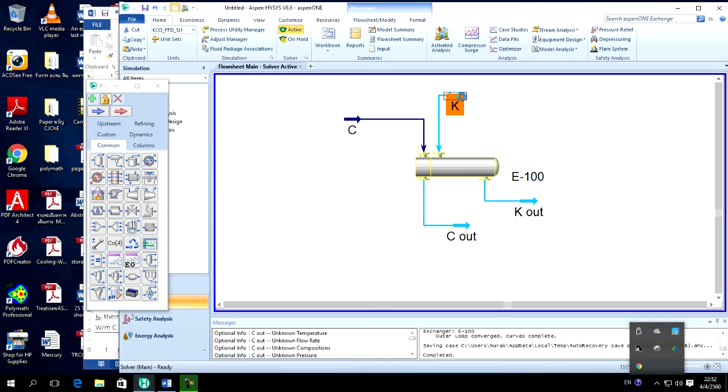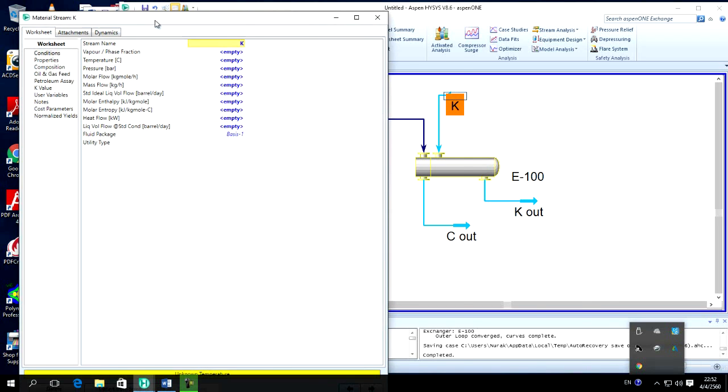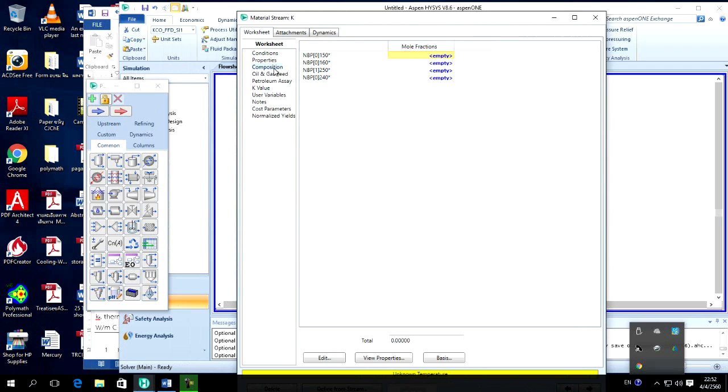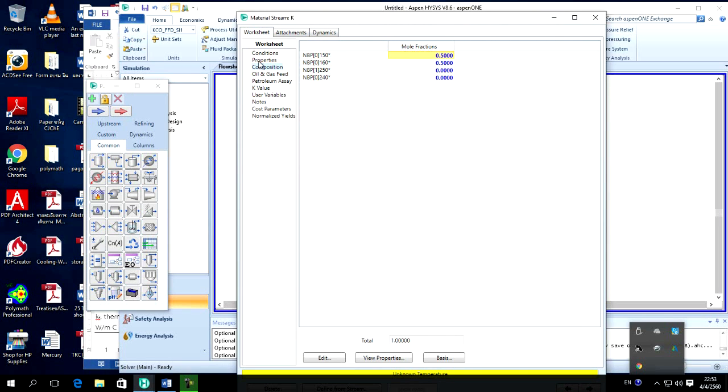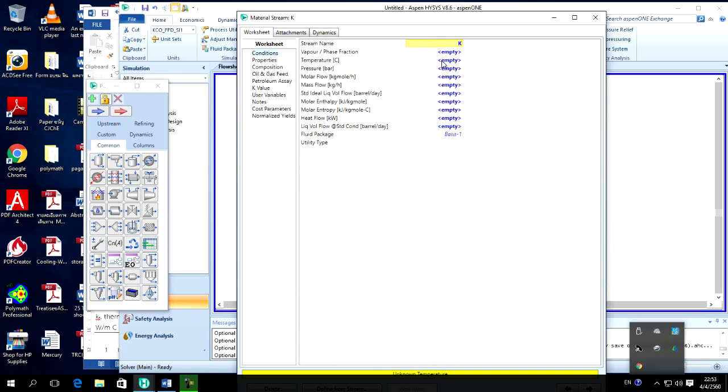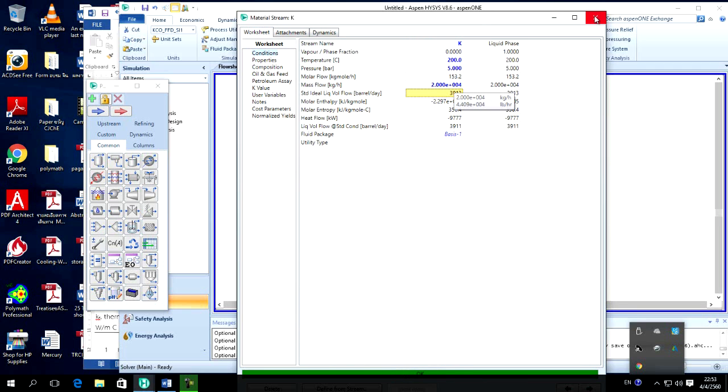Then I move to the kerosene one. I put half on each of these. Then go to the conditions, starting at 200 degrees, with 5 bar, with a mass flow rate of 20,000. Okay.